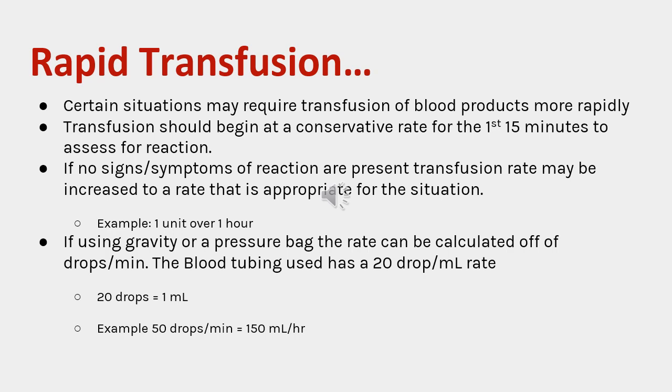If calculating a gravity infusion or a pressure bag infusion, an example to follow would be that 50 drops per minute equals 150 mils per hour. So if the nurse is counting drops per minute and you counted 50 drops in the drip chamber over a minute, that would be a 150 mil an hour rate.